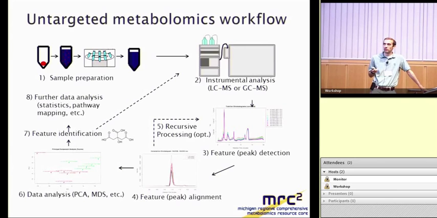We're going to do some sort of data reductive analysis, and then feature identification. And then we're going to do some sort of further data analysis, whether it be statistics, pathway mapping, et cetera, to look at this.